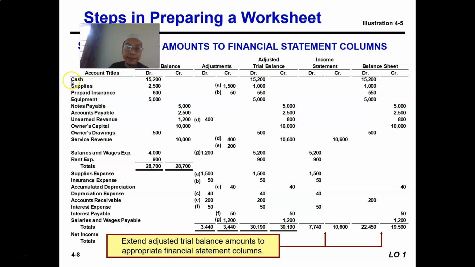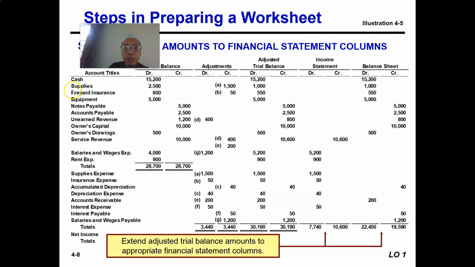Cash is an asset account. From our adjusted trial balance, we transfer 15,200 into the debit side of the balance sheet. Remember, for this part, we transfer into the appropriate statement on the same side as the adjusted trial balance. Because it's an asset, we enter it on the debit side of the balance sheet.